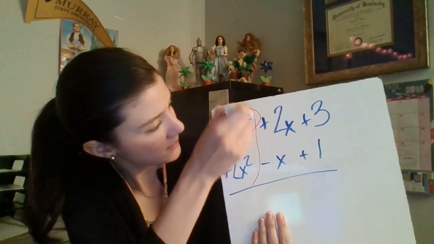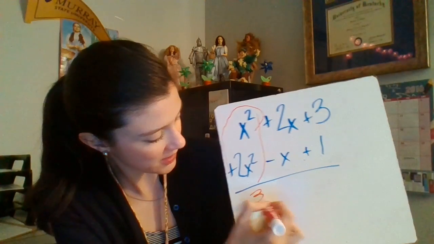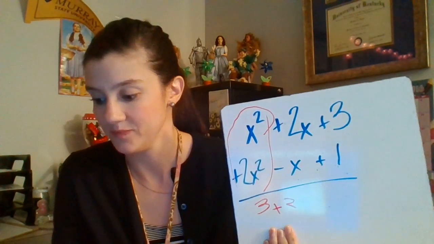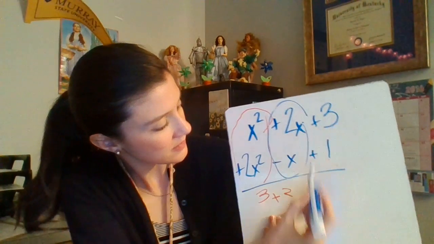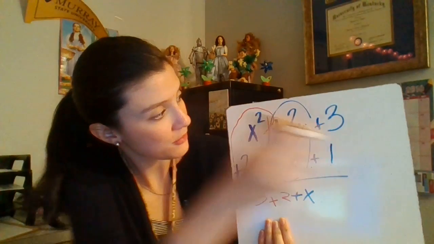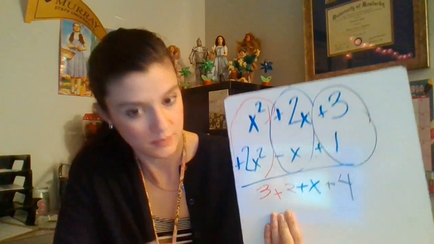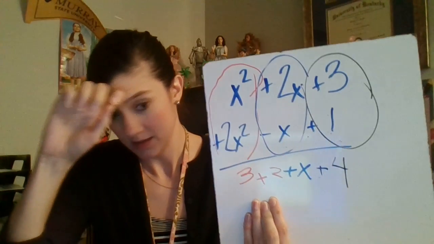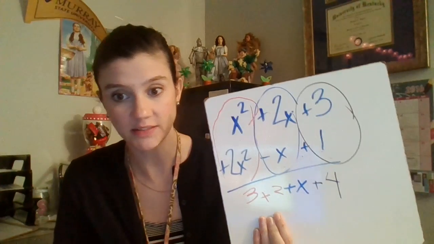Like this. 2x squared plus x squared, 3x squared. 2x minus x is x. And then 3 plus 1 is 4. Okay? Kind of sloppy because I'm writing sideways, but that's the gist of it.